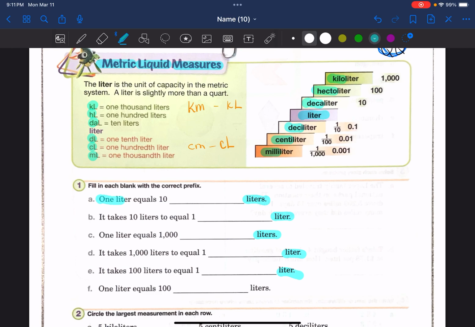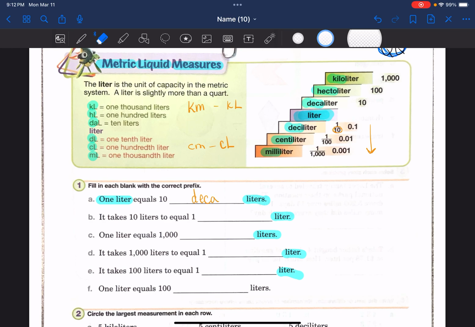When it says 1 liter, then that means we stop at the 1 liter spot. And when it says equals 10 of something, that means we're working with this section down here. Then we find where it would be 10. So I look at my fraction. So 1 liter would be 10 deciliters.